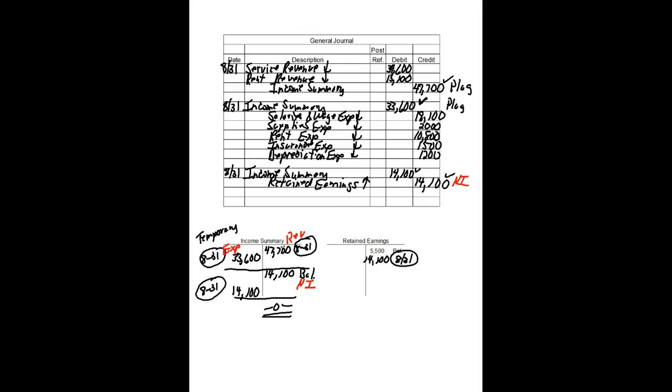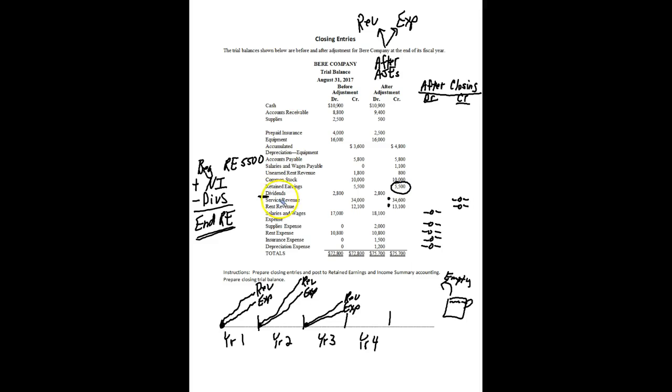Okay, we have one more closing entry. The other thing that needs to be closed to retained earnings is this dividends account. Where we empty out revenues and expenses, we also empty out dividends.